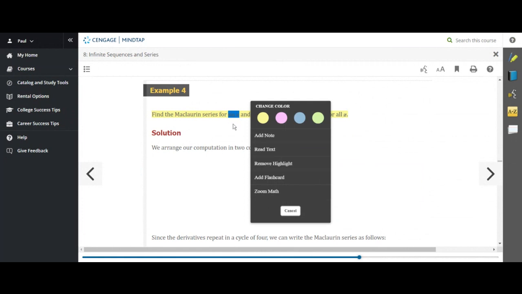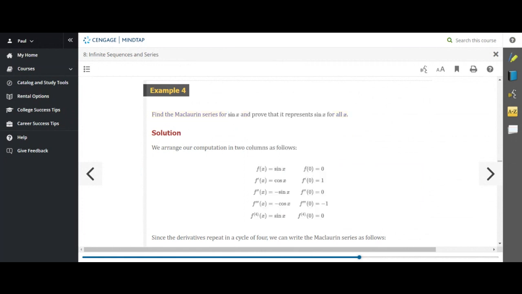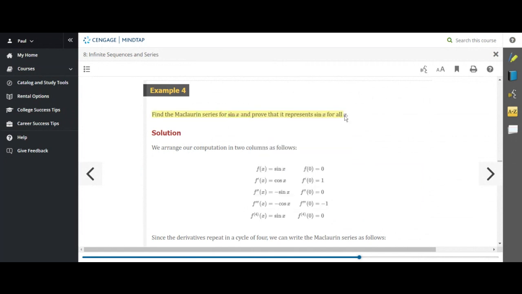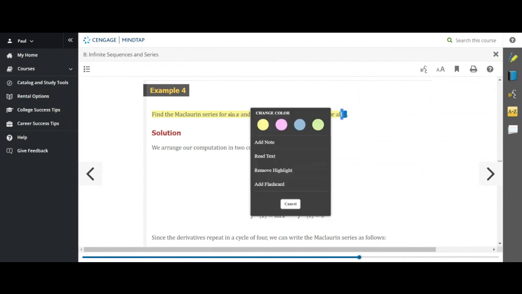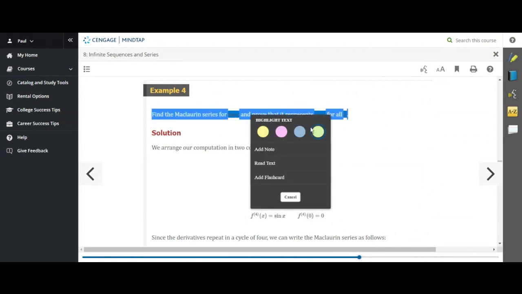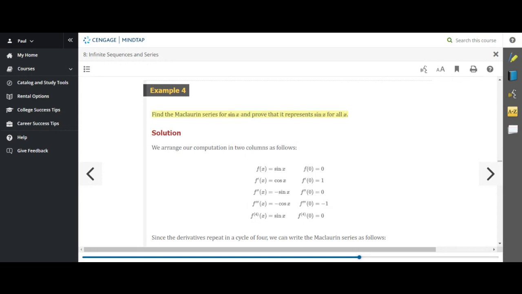So this is example 4 from section 8.7. Find the Maclaurin series for the sine of x and prove that it represents the sine of x for all x.